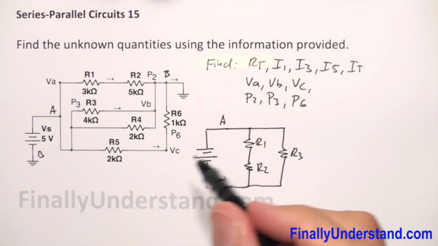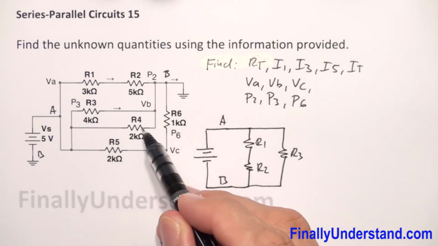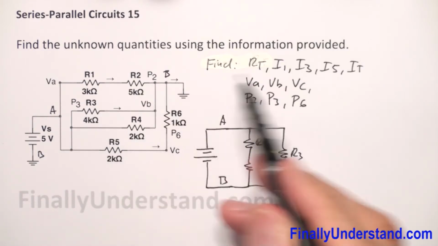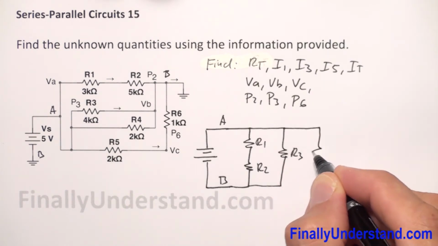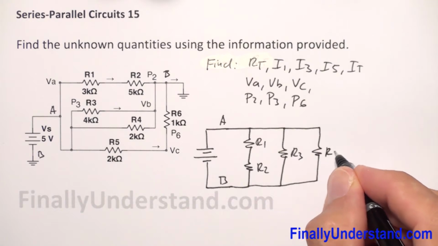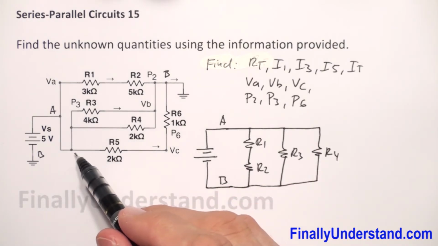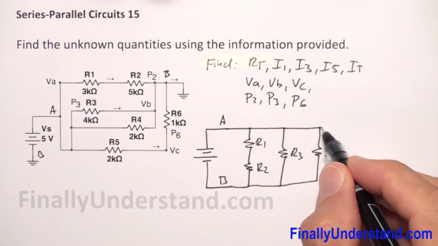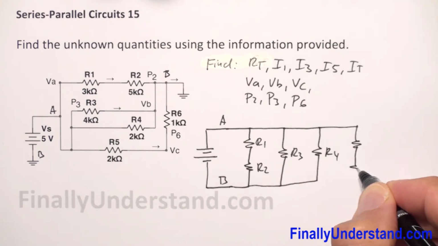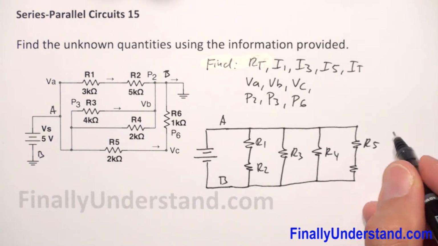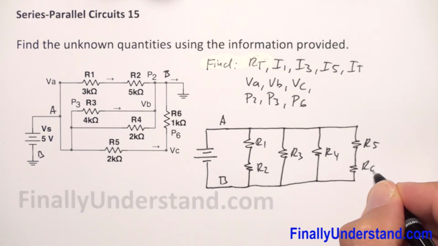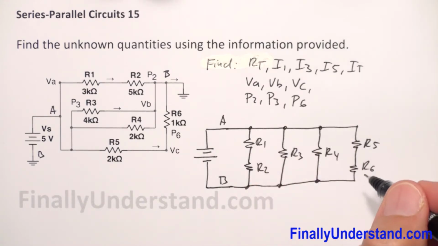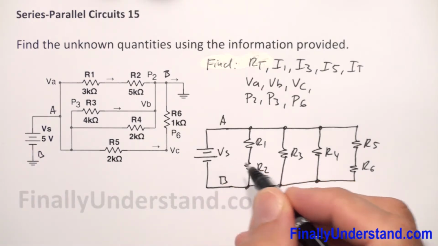This is my R3, and now I have also resistor R4, which is connected to point A and to point B. So this is my R4, and I have also resistor R5 connected to A and is connected to R6 and is connected to B. So I have R5, R6, okay, so this is my circuit, and this is of course my voltage source.